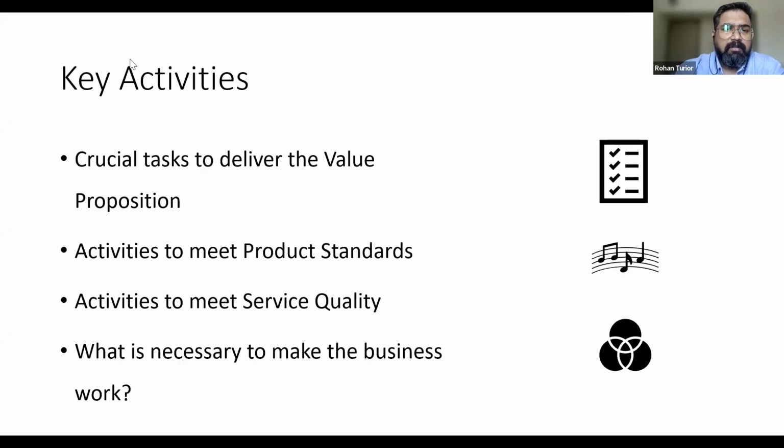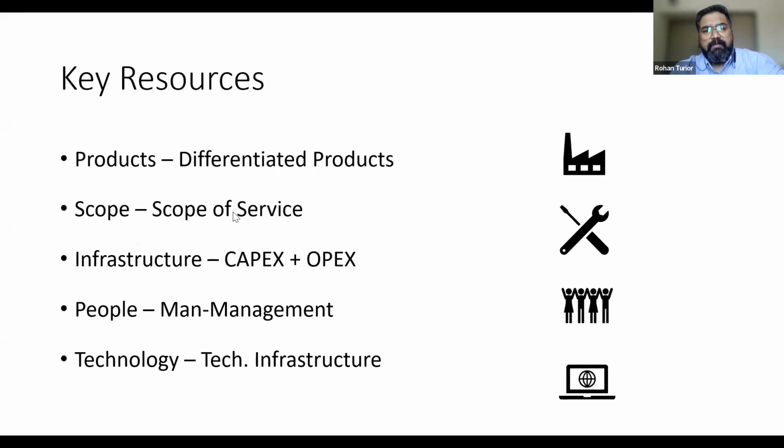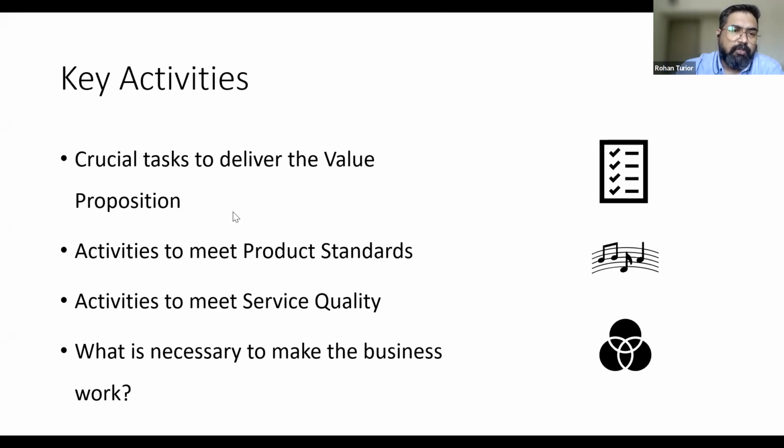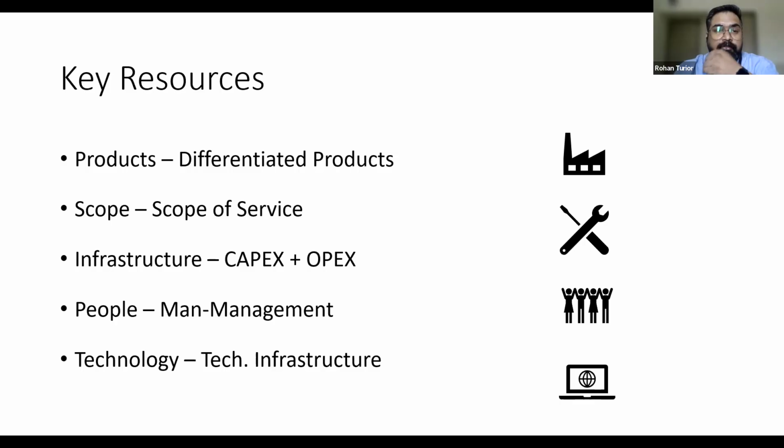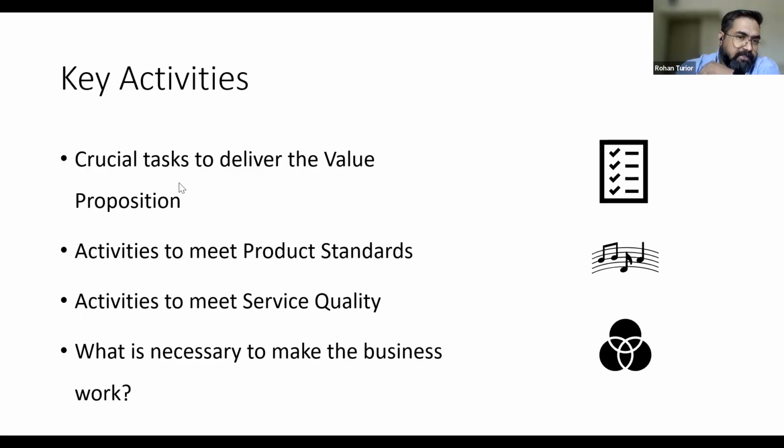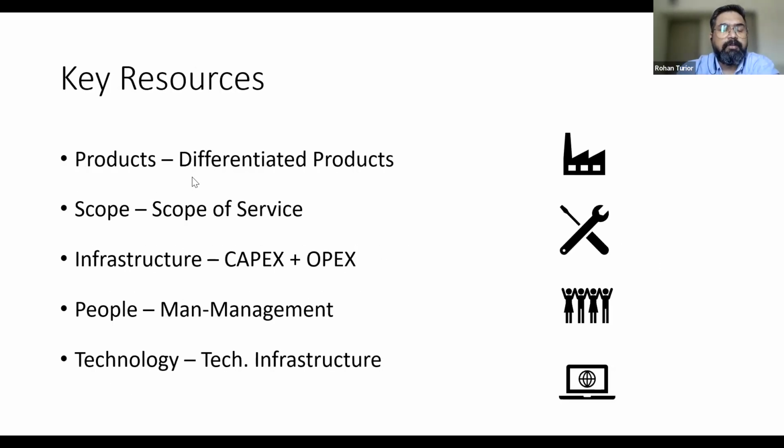These are the key activities. Now, these key activities come with a cost. That's why when we talk about key activities, we also talk about key resources. When you want to perform certain tasks, you need certain resources. There are two parts to key resources. One, the resources needed to deliver the value proposition.